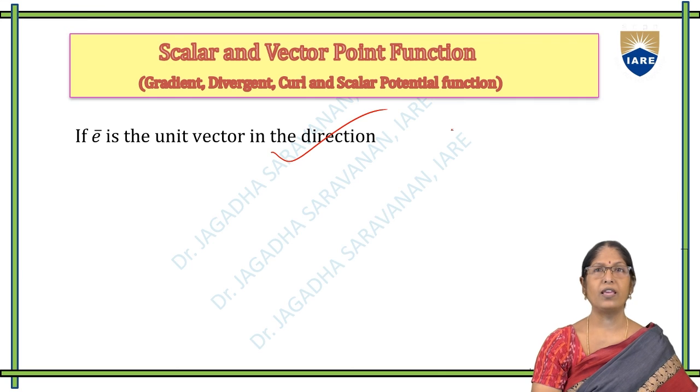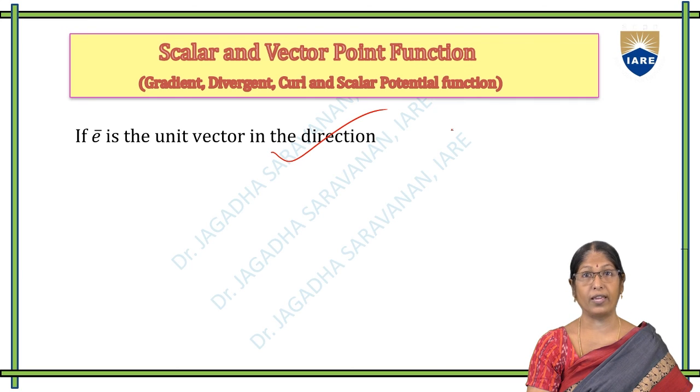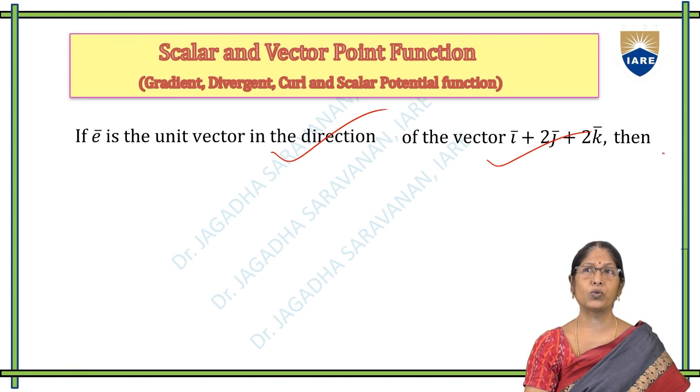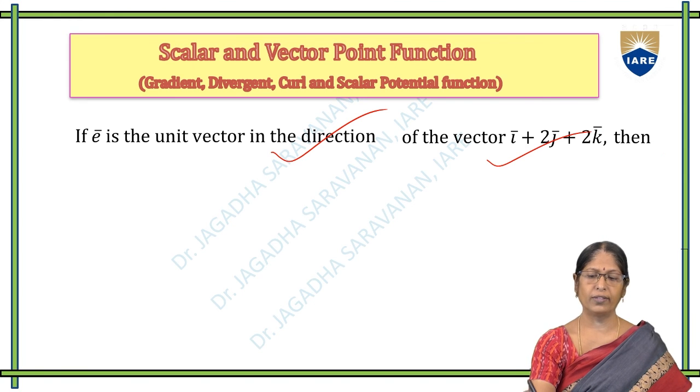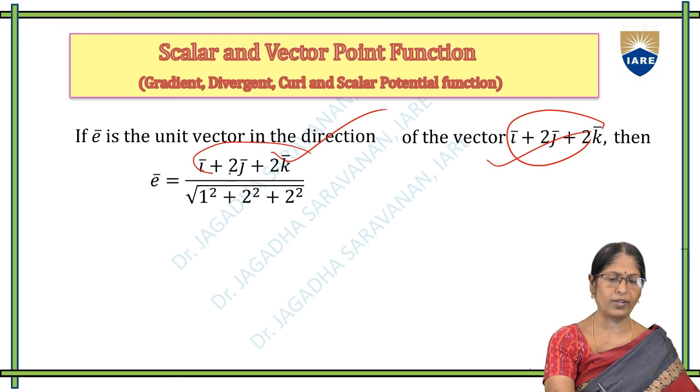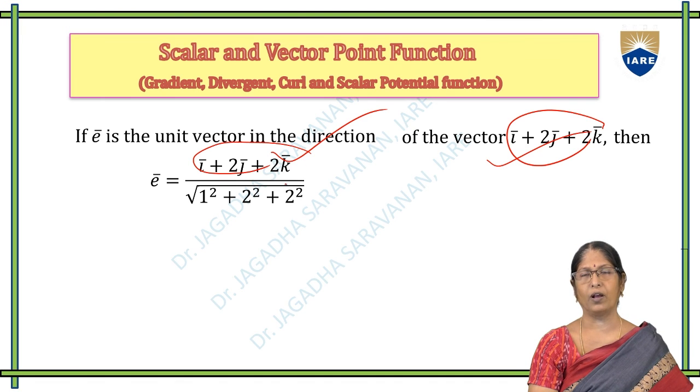If e is the unit vector in the direction of the vector i plus 2j plus 2k, which is given in our question itself, then the unit vector is the vector divided by its modulus.